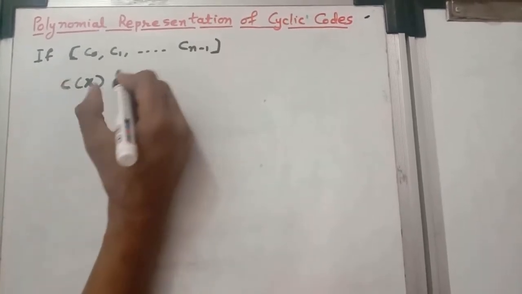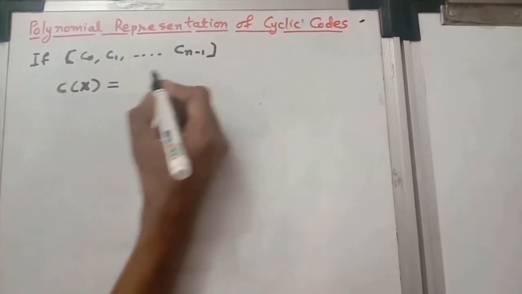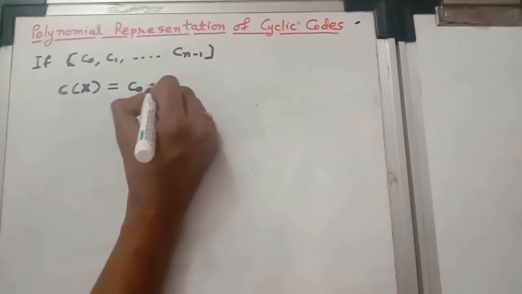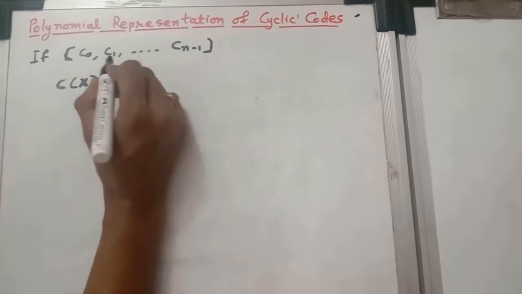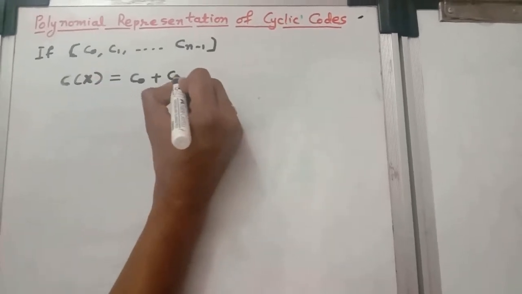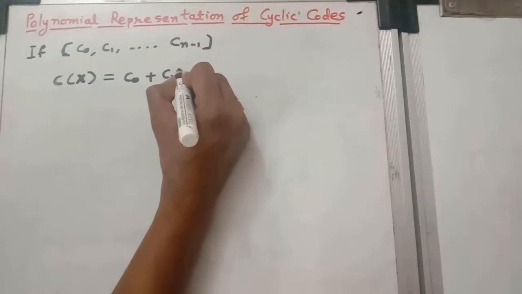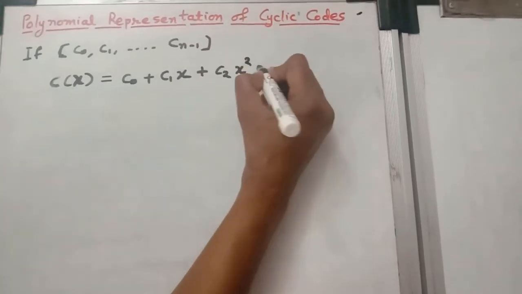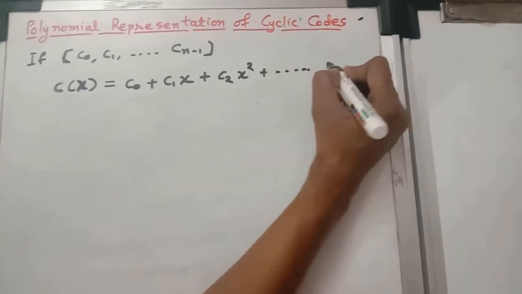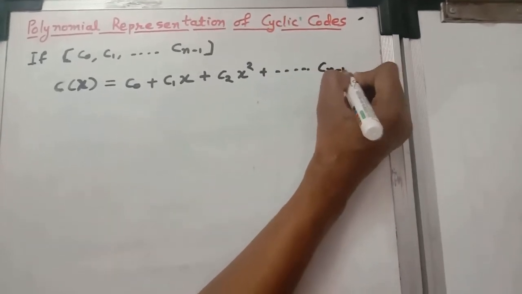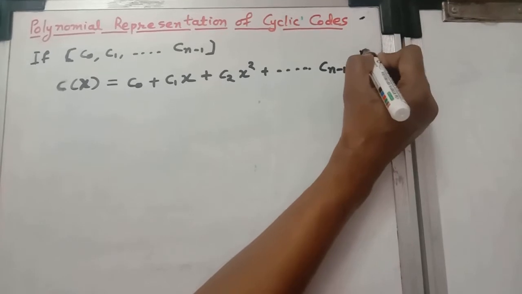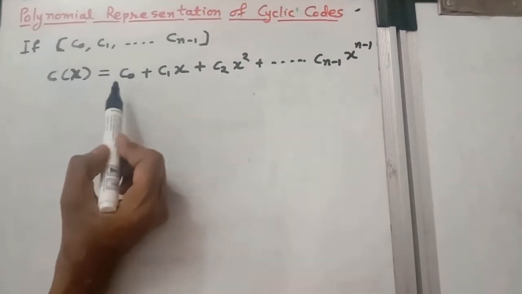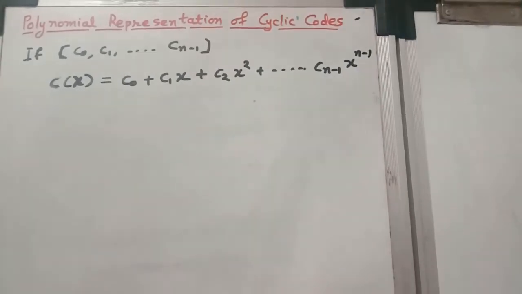So C of x is equal to C0, that is the first coefficient of the polynomial equation, then the second bit is C1 x plus C2 x square plus and so on up to C of n minus 1 x raised to power n minus 1. This is how we can represent any cyclic code word in polynomial form.